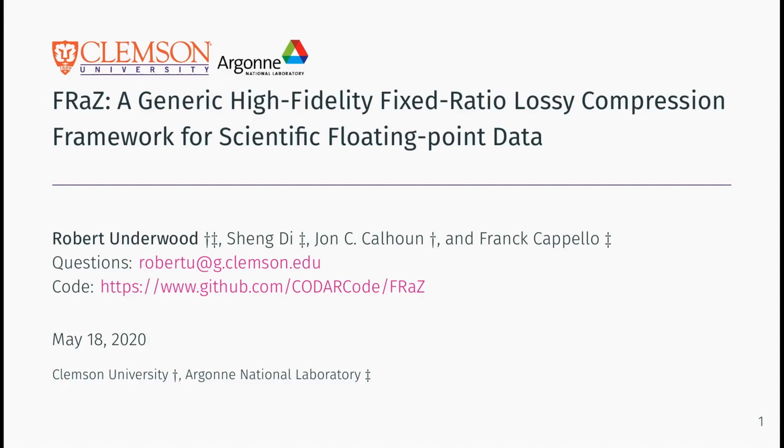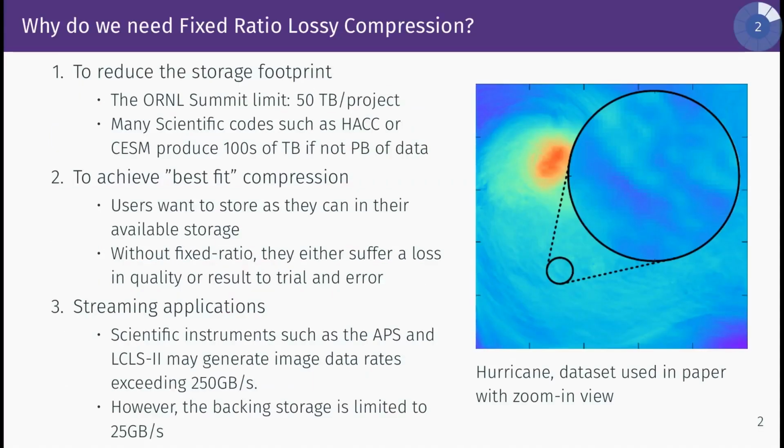I want to begin by talking about why do we need fixed ratio lossy compression. Fixed ratio lossy compression is fundamentally designed to address three major concerns. One, large scientific applications produce huge amounts of data. However, the machines that these applications are run on often limit the amount of storage available per project.